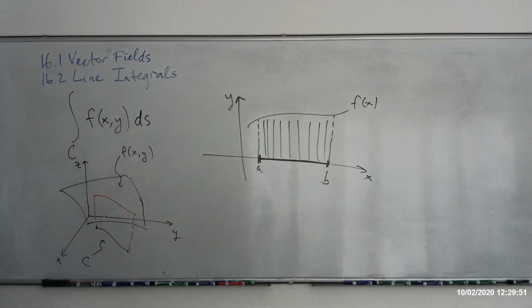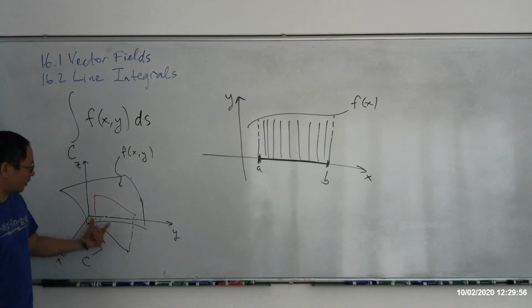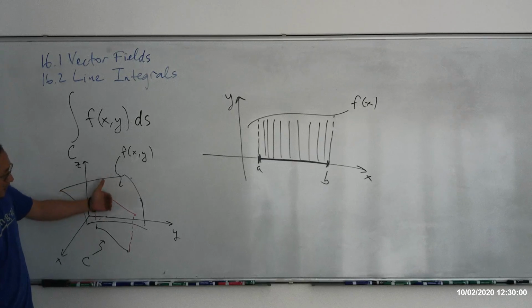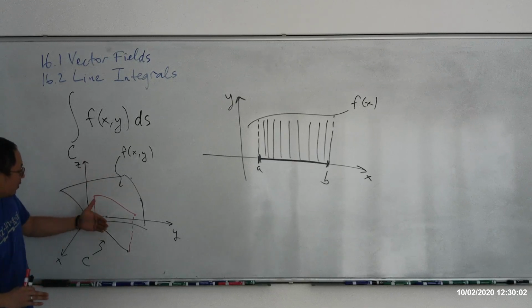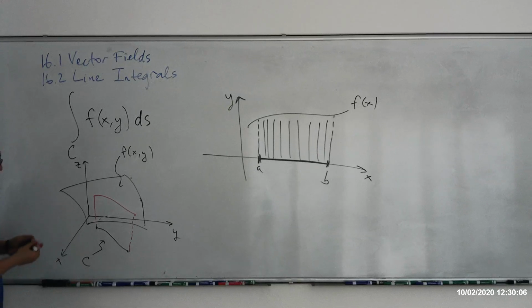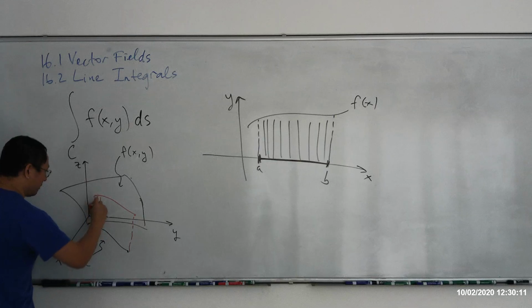All right. So you have a curve C on the xy plane. It's kind of looking up, and then it's going to intersect the perpendicular surface to the xy plane. Up to the surface of the function f(x,y) is going to intersect with that little curve right here. And this is the area that we're talking about.